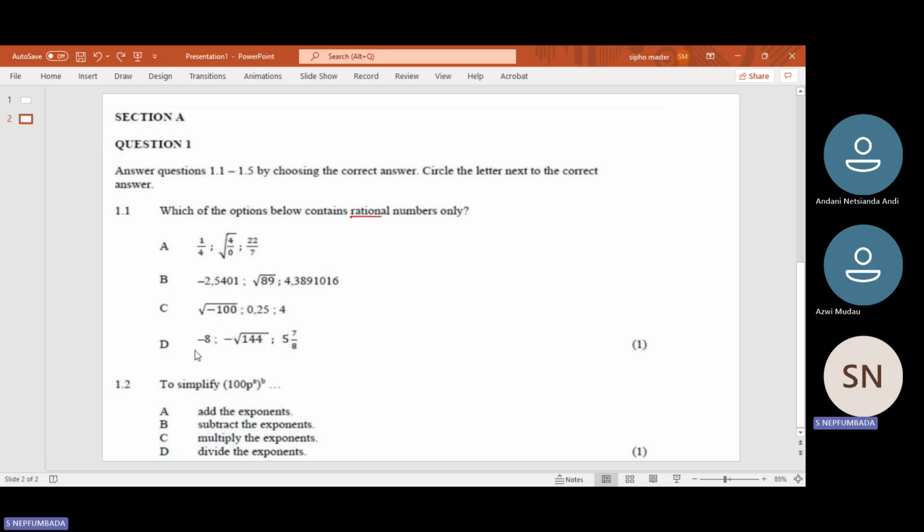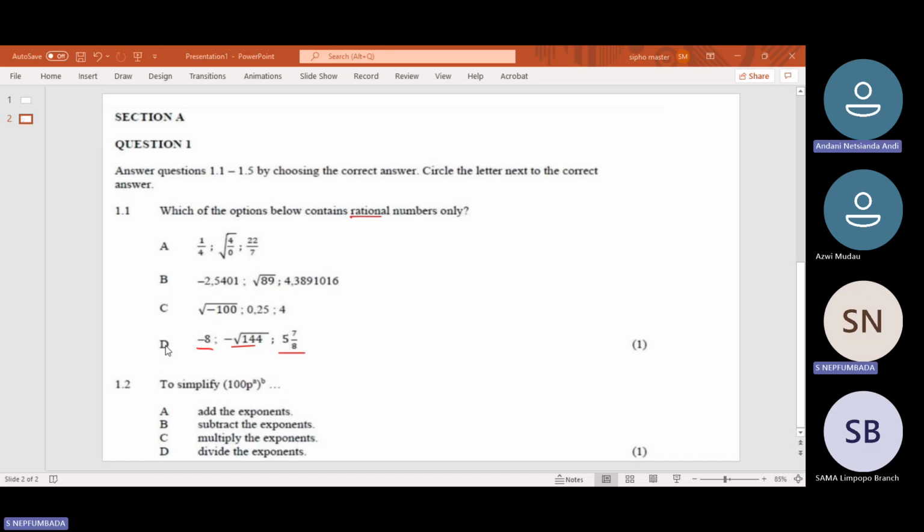And what about this? It means our D is the one which is our rational number.